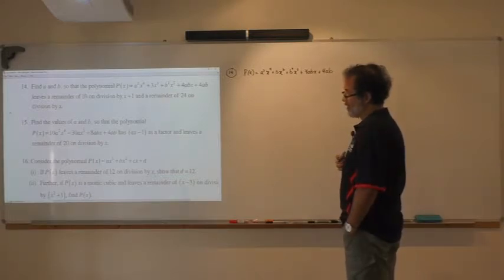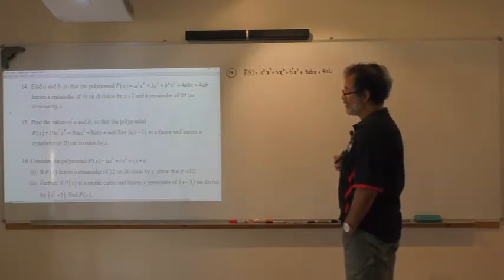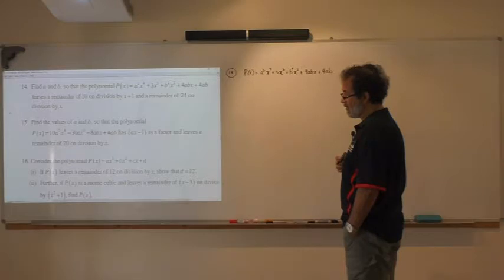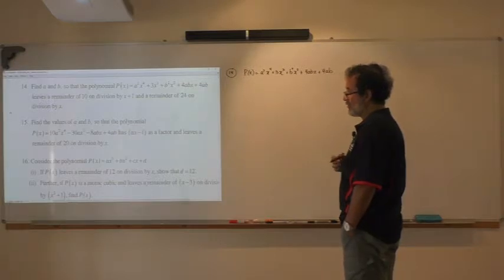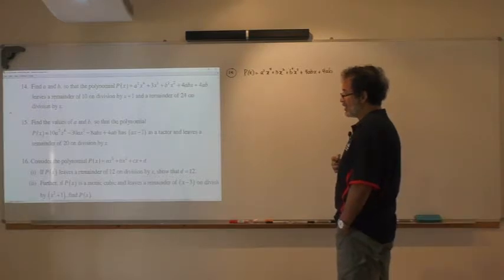Let's see what information we have. They say when we divide this polynomial by x plus 1, the remainder is equal to 10. And when we divide by x, which is the same as saying when we divide by x plus 0, the answer is 24. So we're going to apply the remainder theorem twice.